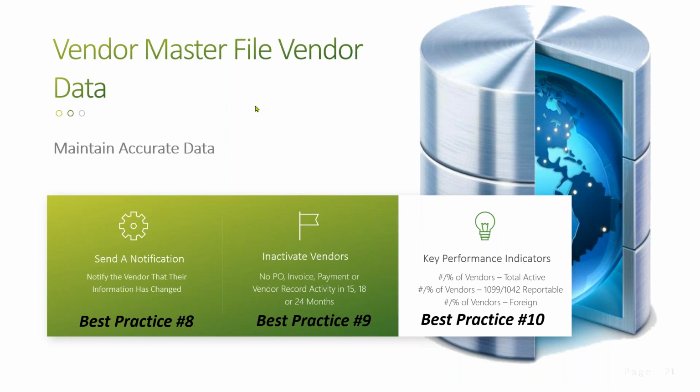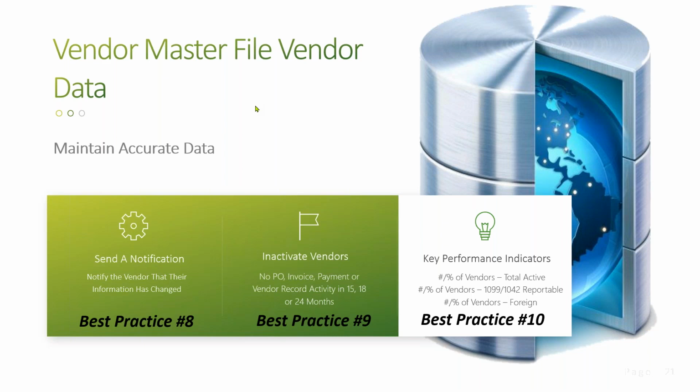Inactivating the vendors is the first step in what I have as an 8-step process to clean your vendor master file. Inactivating the vendors that have no PO activity, no invoice activity, no payment activity, and I typically throw in vendor record activity, because the whole point is keeping their information up to date, and if you've updated their vendor record, then it's up to date.